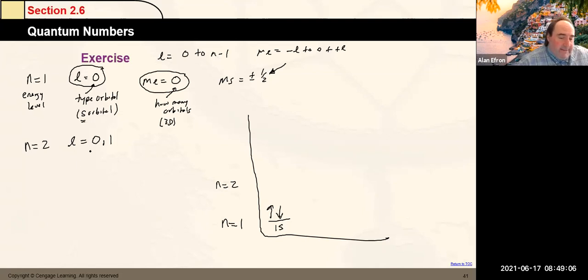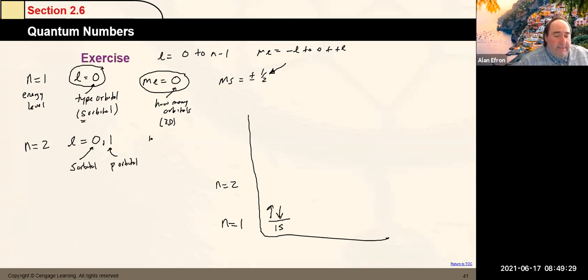So what does this mean? Well, this means that we have on this second energy level also an s orbital. But now we have another type of orbital that's there, which is represented by the quantum number 1 for L. And that is going to be our p orbital.